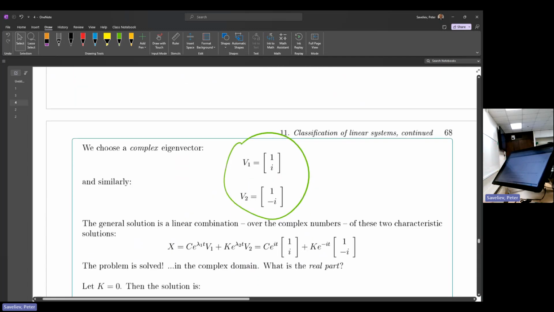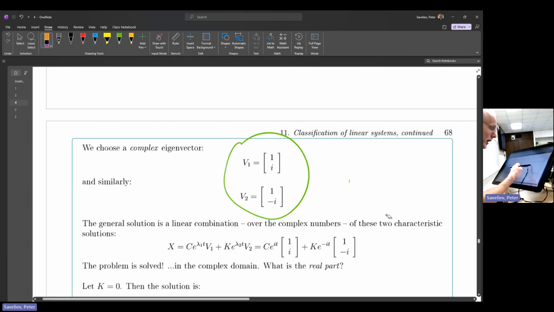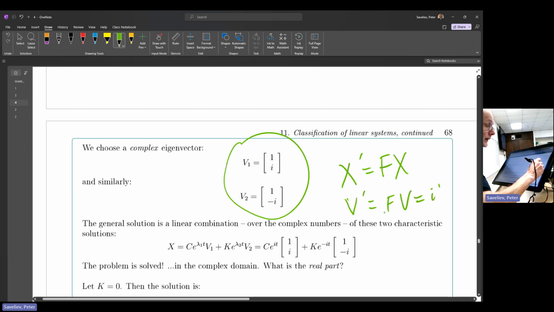And what is the point? The point is really that we could solve our differential equation very easily in the direction of these eigenvectors. So x prime is equal to fx. Well, let's put a v here. That's the general equation. Now if we look at v, so v prime is equal to fv, which happens to be equal to, say, iv.